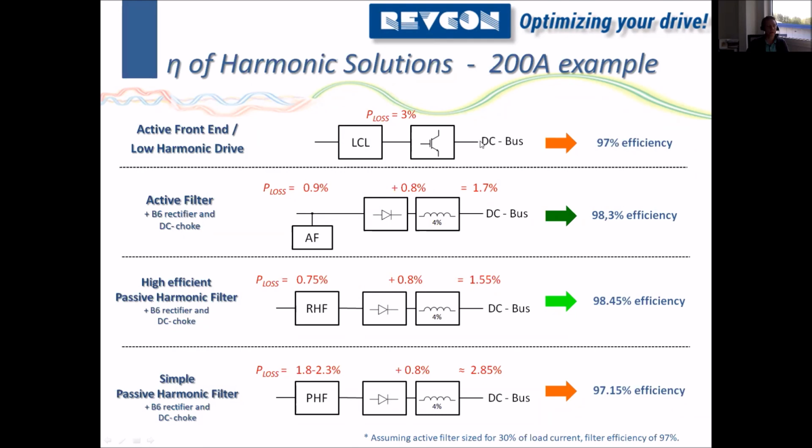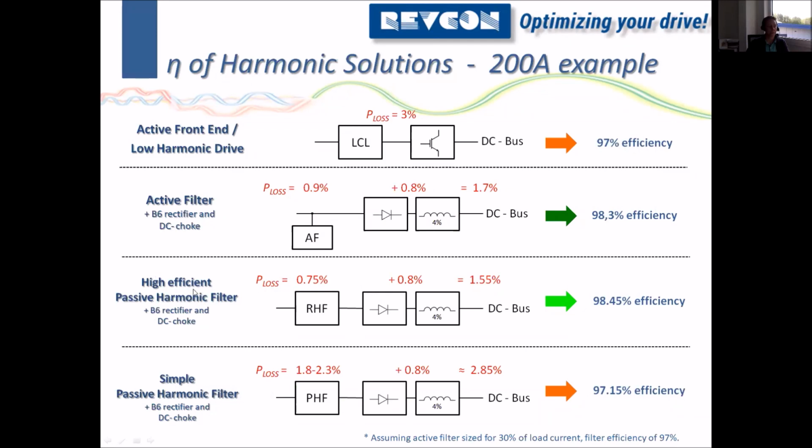If we look at an active filter with a 3-level design, not all active filters have this high efficiency, we will have power loss of 1.7%, resulting in 98.3% efficiency.